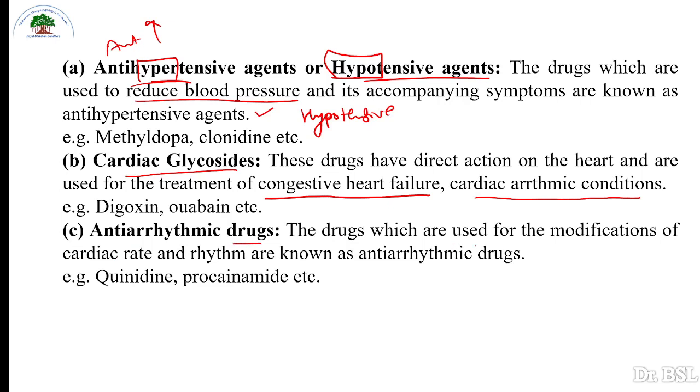The drugs which are used for the modification of cardiac rate and rhythm are known as anti-arrhythmic drugs. Quinidine, procainamide, these are examples of anti-arrhythmic drugs.